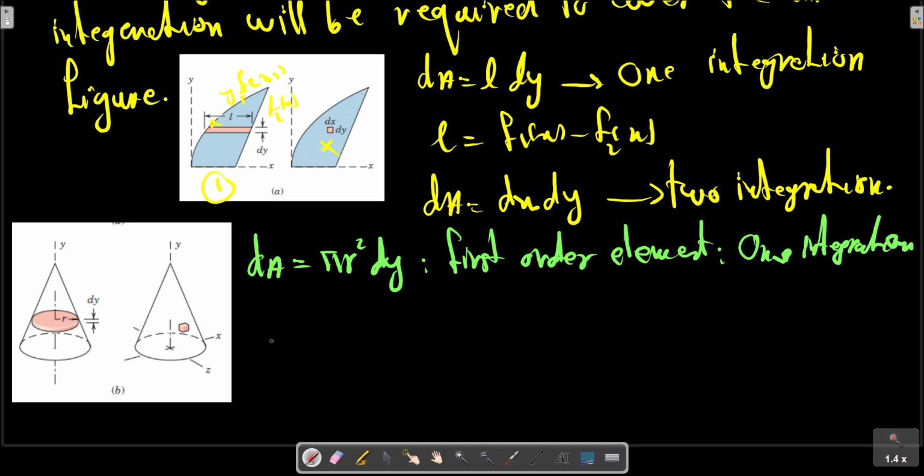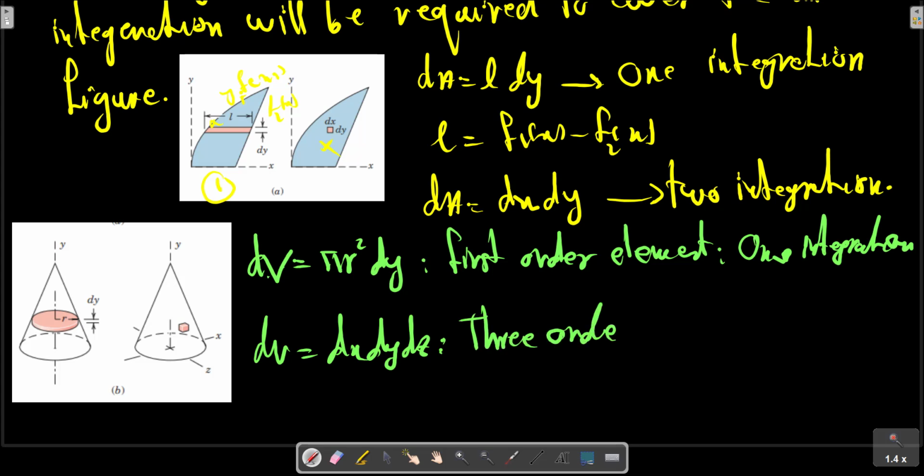And dV equals dx dy dz, third order, three integrations.